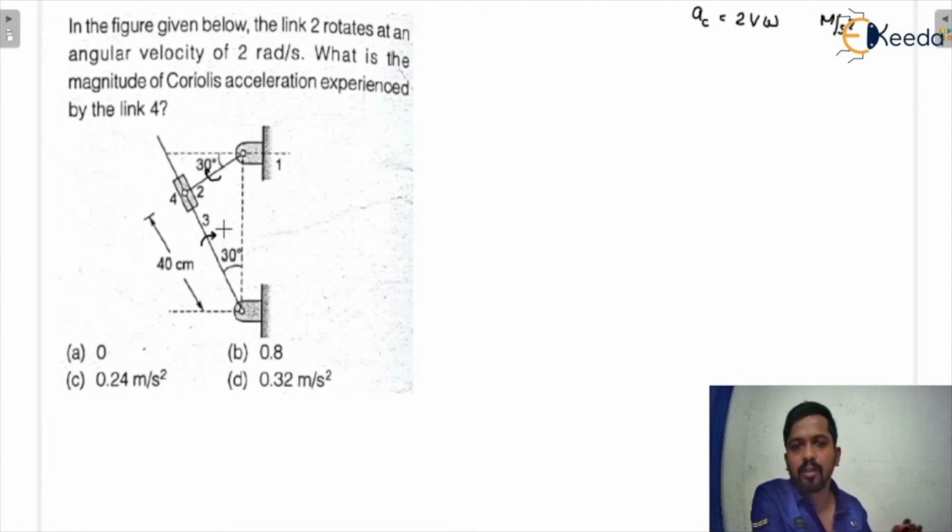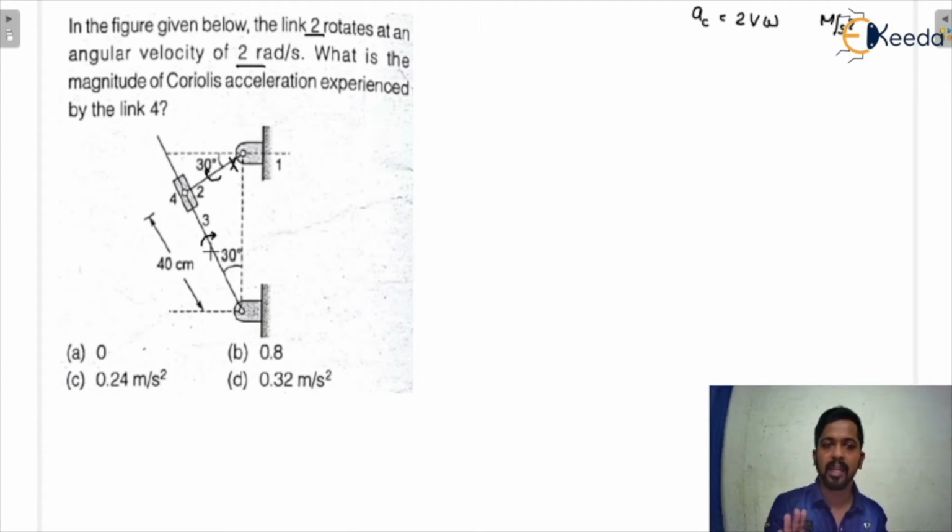But what is given in the question? That was a general analysis for the Coriolis acceleration. Now, the angular velocity of link 2 is given, but we don't require the link 2 angular velocity, because we want the angular velocity of link 3.